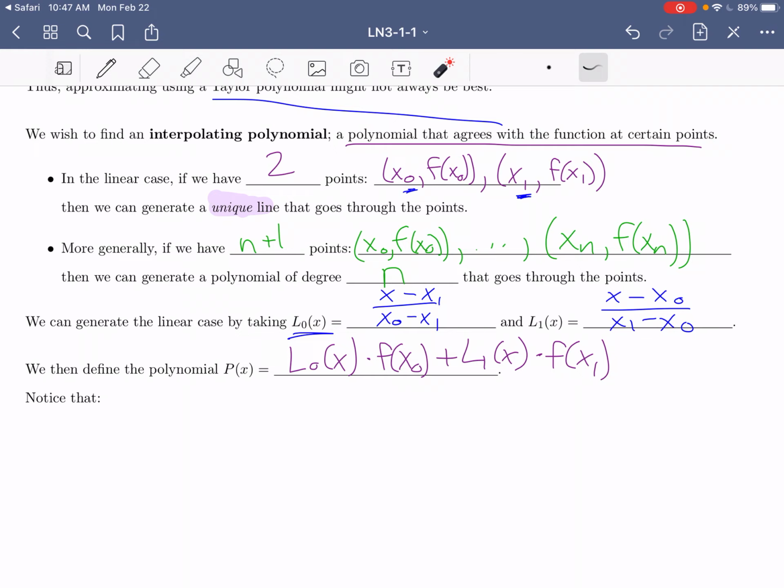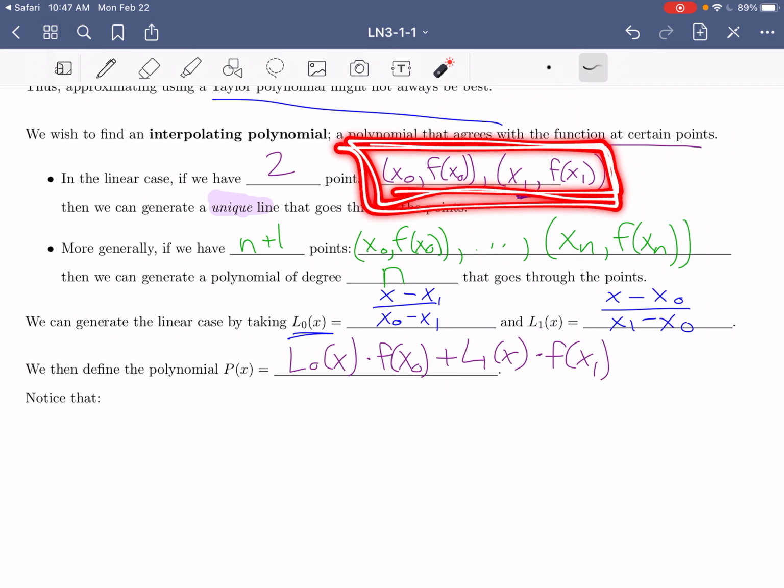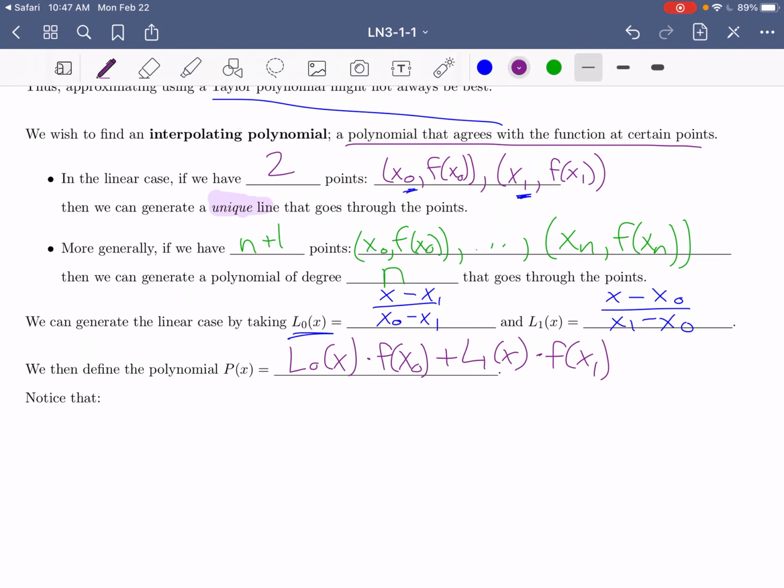Now, does that line go through these 2 points, right? So that's the kind of polynomial we're hoping to construct. Does it go through those 2 points? So let's check that out. So let's plug in to this Lagrange polynomial. Let's plug in x0.